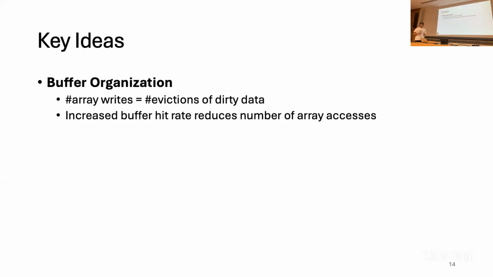So every time we have a conflict in this cache, and we have to write back one of the rows, that's when you have to perform a write. So if we can increase the hit rate or reduce the conflicts in this buffer, we can reduce the number of array accesses, so we can hide some of the bad properties of the writes, like energy and performance.